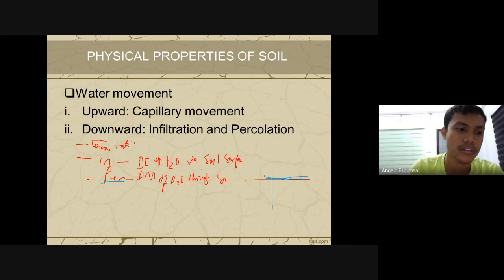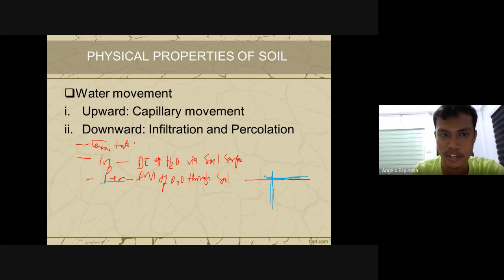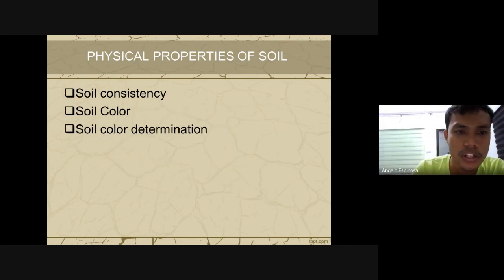So infiltration is like horizontal, and percolation is like vertical, kasi it penetrates through the depth of the soil profile. So that is what we call downward infiltration and percolation.